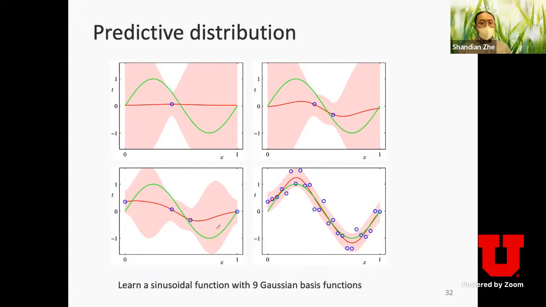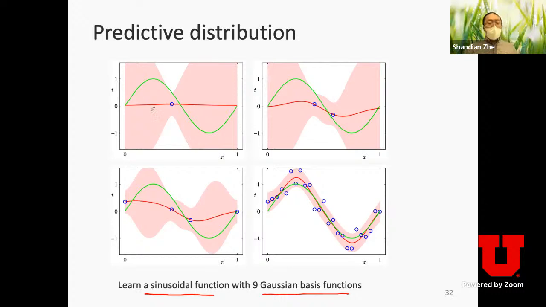Here we give a concrete example of learning a sine function with 9 Gaussian basis functions. Basically, you can view each basis as a Gaussian density with a different mean and variance. The green curve is the ground truth, and the blue circles are training examples or observations.